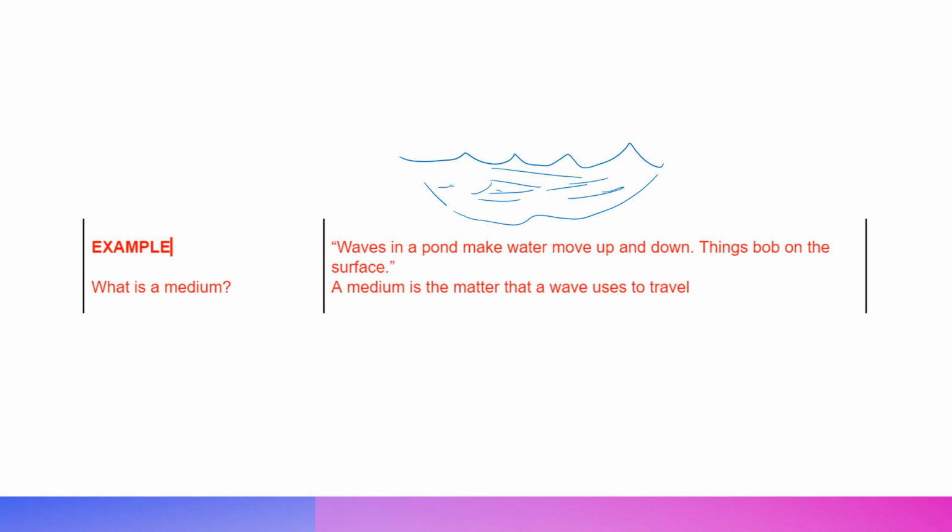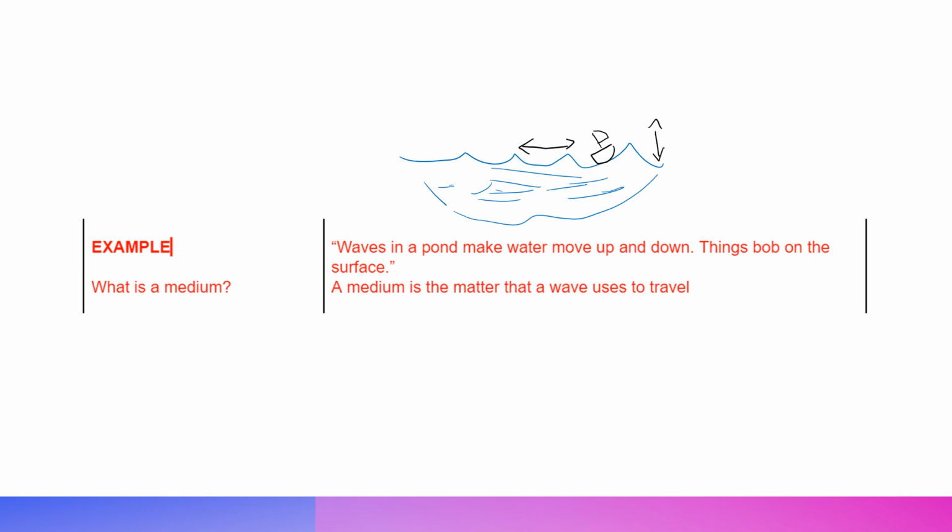And let's say there's a little toy boat on top of the pond. As you're letting your boat float out onto the pond, you're noticing the boat is going up and down, and you notice the waves are moving across.